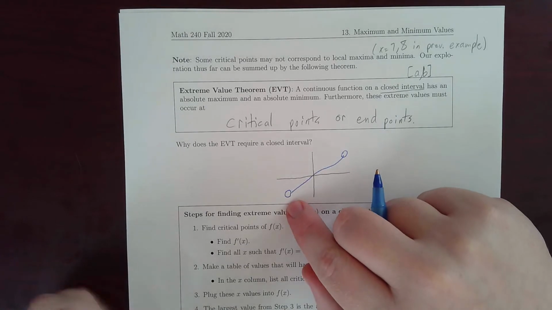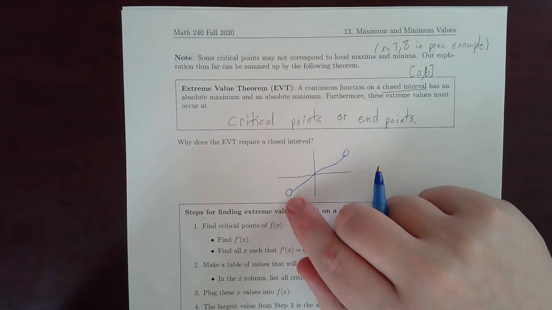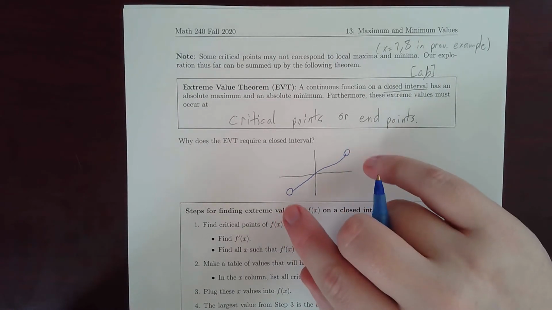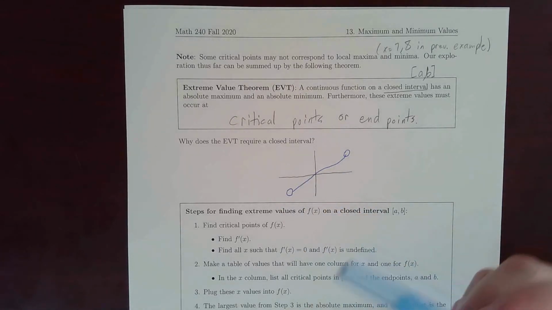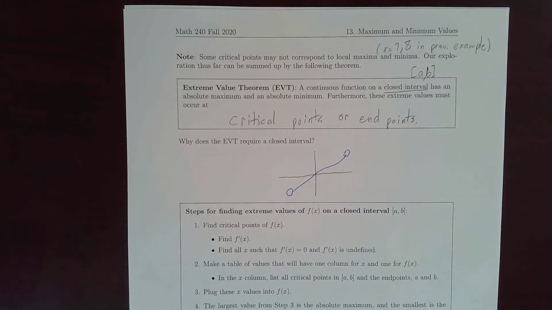And here we can get as close to the minimum as we'd like, but we'll never actually reach either of these values. So if we don't have a closed interval, we can end up with funky corner cases where we don't have any endpoints that we can look at, and that causes some issues for us.